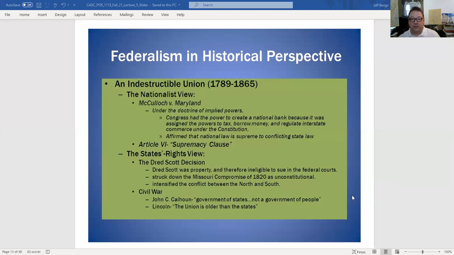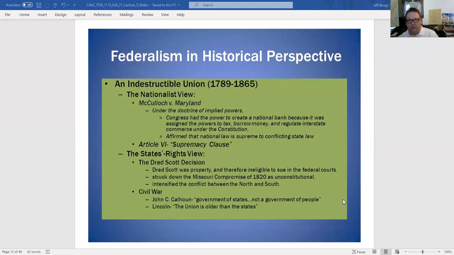What the Supreme Court decided in 1857 was that Dred Scott was not a citizen. Since slavery was still legal in the South, he was technically property of his master, and therefore he was ineligible to sue in federal courts since he was not a citizen.